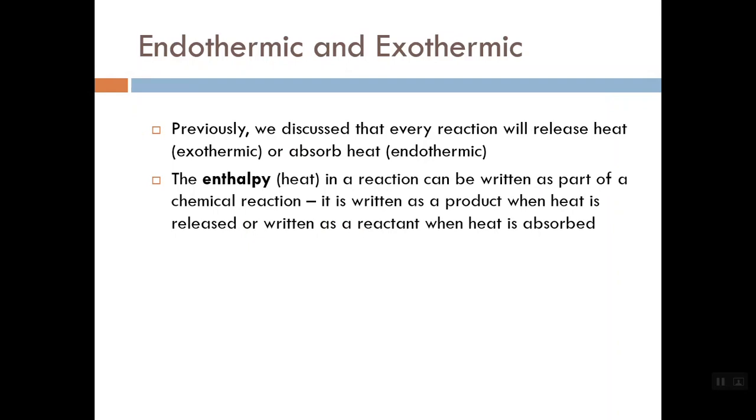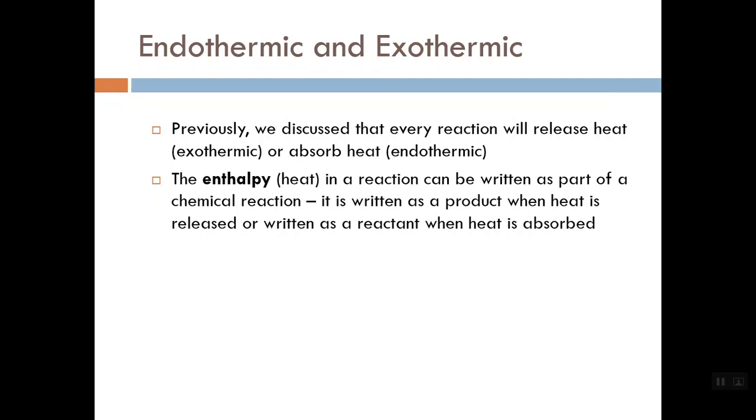We learned that exothermic means that heat or energy is released, and endothermic means that heat or energy is absorbed. And we talked about the change in enthalpy. Do you guys remember that?